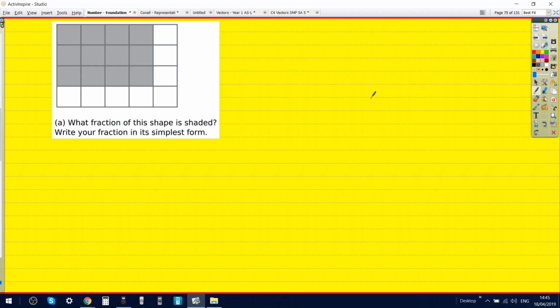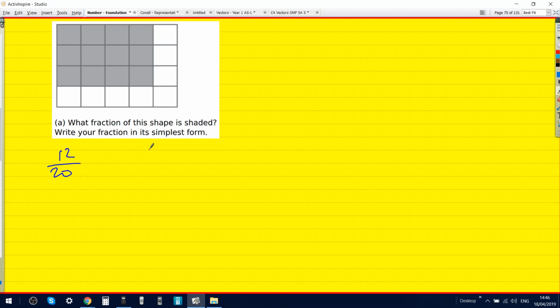Okay, how about this one? What fraction should be shaded? Like your fraction that's simplified. So 5 across, 4 down, so it's 20 total. So it's 12 out of 20. Fraction is 12 out of 20.